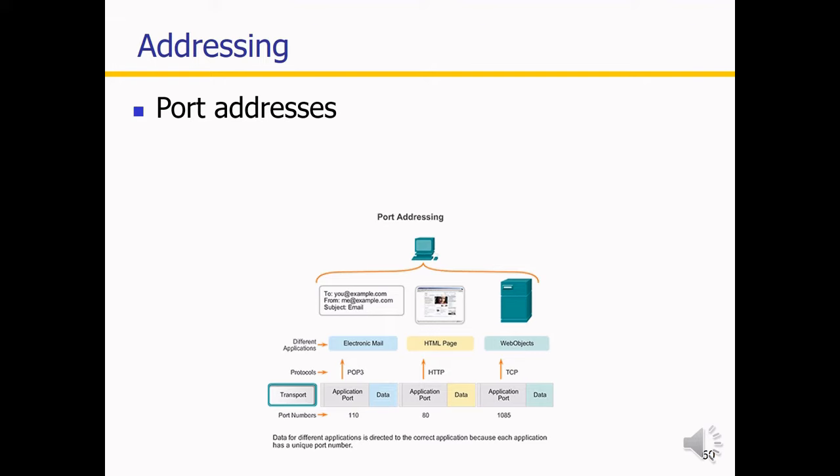Now the two of them would have different application numbers. So let's say the email application has a port number of 110, and the application where you're running, let's say your browser like Chrome, running the web page would have a port number of 80. So port numbers are nothing but your application identifier.